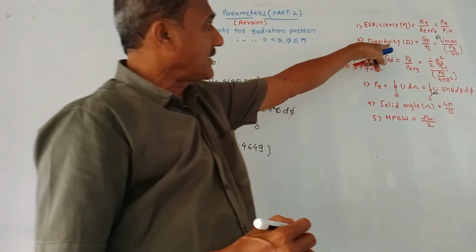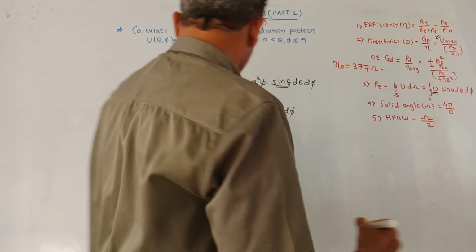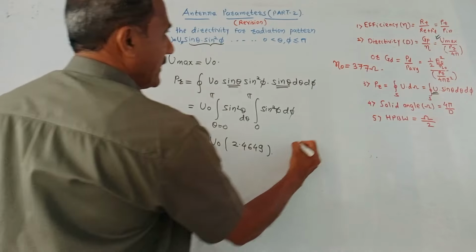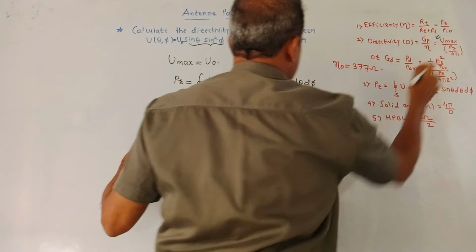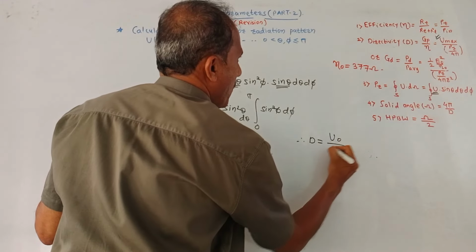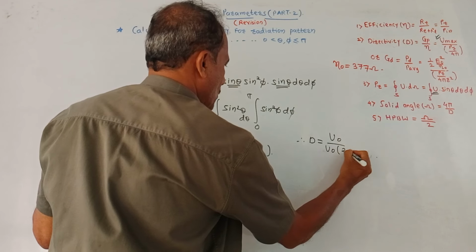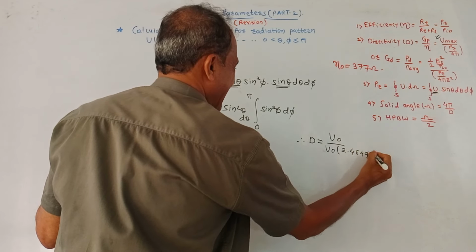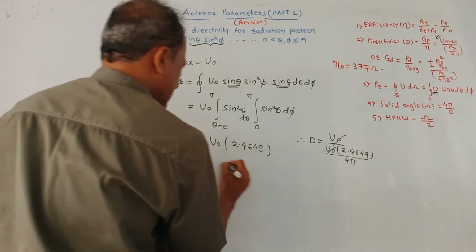Now we need to calculate the directivity. Look at the formula: U0 upon PR upon 4 pi. So this is the value of PR. Therefore, directivity D is equal to U max, which is U0, upon PR, where PR is U0 into 2.4649, divided by 4 pi. U0 gets cancelled.